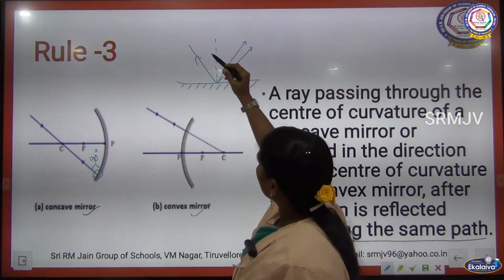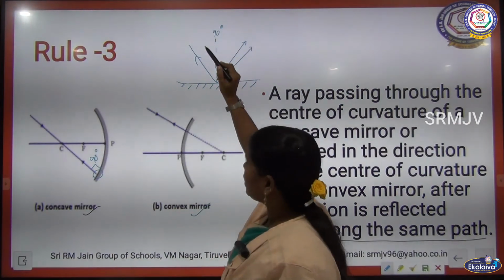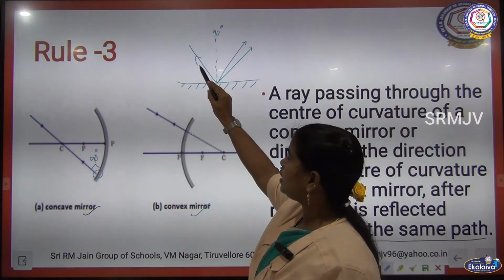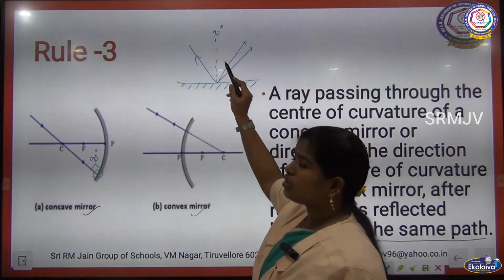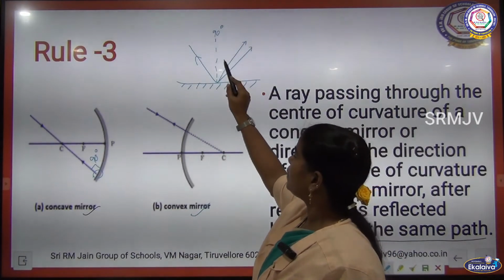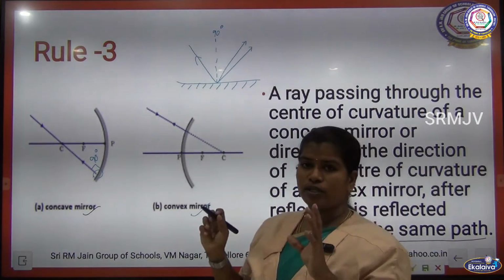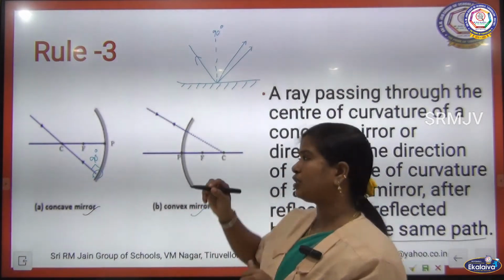This is okay. So this is normal which makes the angle 90 degree. So what is the angle of incidence? The angle between the incident ray and the normal. And what is the angle of reflection? The angle between the normal and the reflected ray. So this is what the first rule, angle of incidence is equal to the angle of reflection.